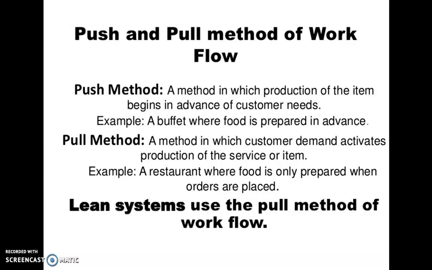Television and all are prepared in advance of customer needs. Pull method is a method in which customer demand activates production of the service or item. A restaurant where food is only prepared when orders are placed. After placing orders, the products are prepared. That is called pull method. So lean systems use pull method of workflow. Kanban system is a pull method.